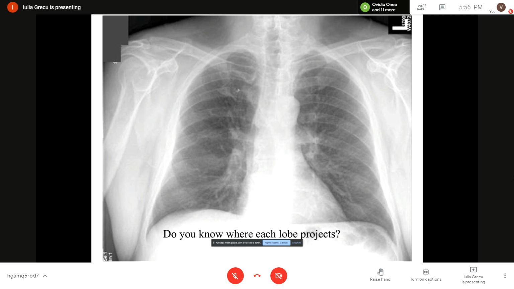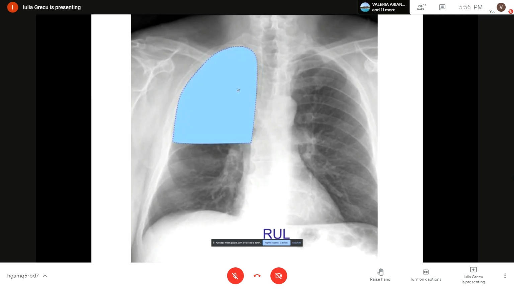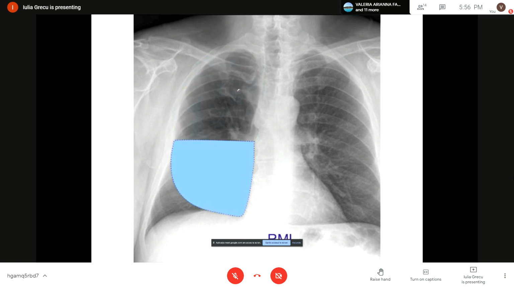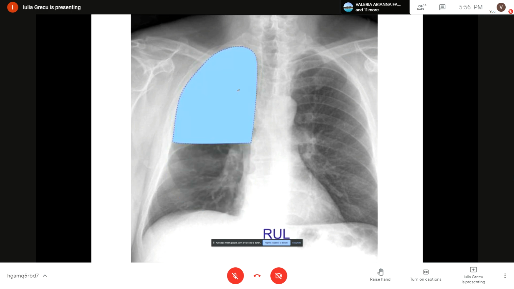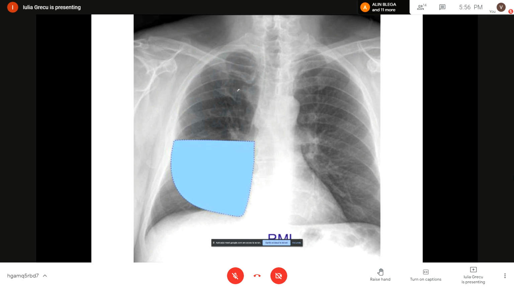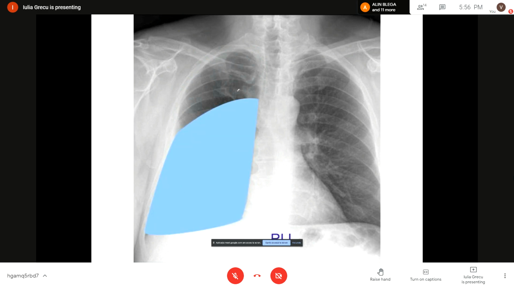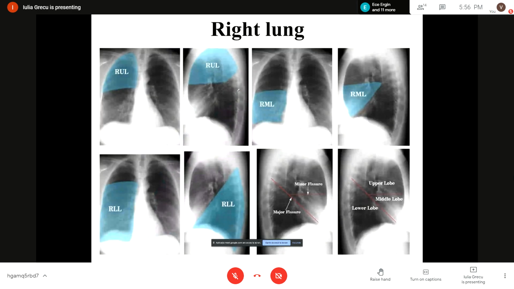Going back to our anatomy lessons, we remember that the right lung is composed of three lobes, the upper, the middle, and the inferior lobes, and the left lung is composed of two lobes, the upper and the inferior lobe. Each of these lobes is further divided into segments.